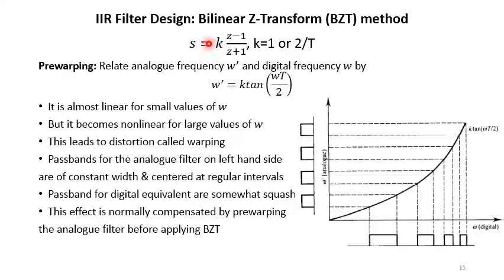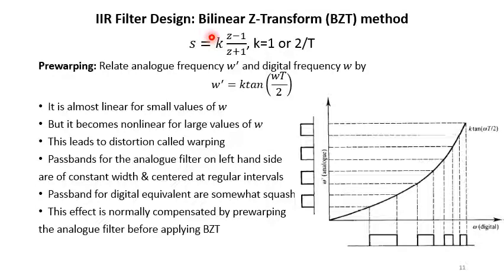So it's not important whether we keep K equal to 1 or 2 over T, it will result in the same thing. But replacing s with this expression will result in a filter with an undesirable response, or it will not perform in the way we want.